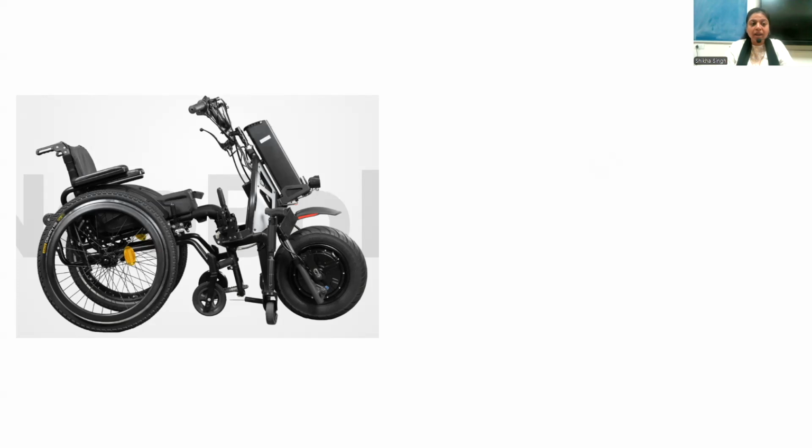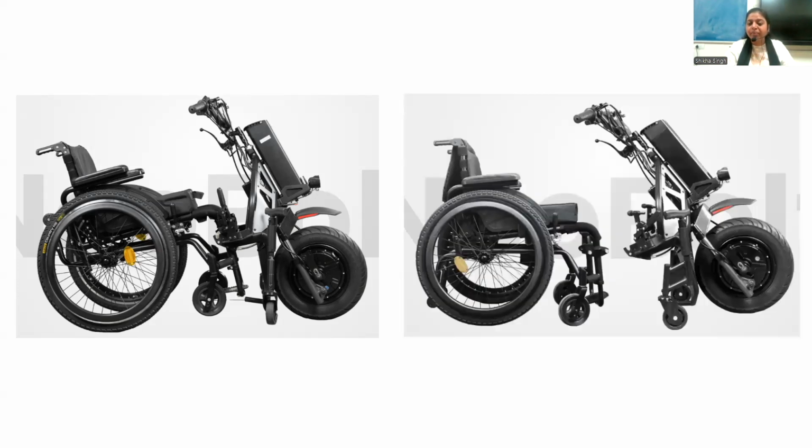This particular product is basically an electric vehicle cum wheelchair. The user can use it as a wheelchair, and if the user wants to move out, it can be attached to the front motorized EV component, and then it may be used as a vehicle.